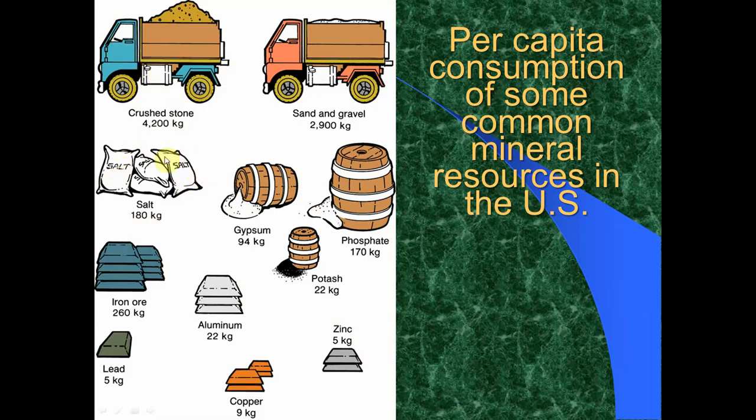God knows we put salt on everything. Here's that gypsum, once again a major ingredient in wallboard, phosphate for our agricultural uses, and then potash. This is where gunpowder comes from. Okay, think about it. In this country, we love our McDonald's and guns. There we go. Down below here are all the metals. Iron is the biggest use, followed by aluminum, copper, zinc, and then lead.